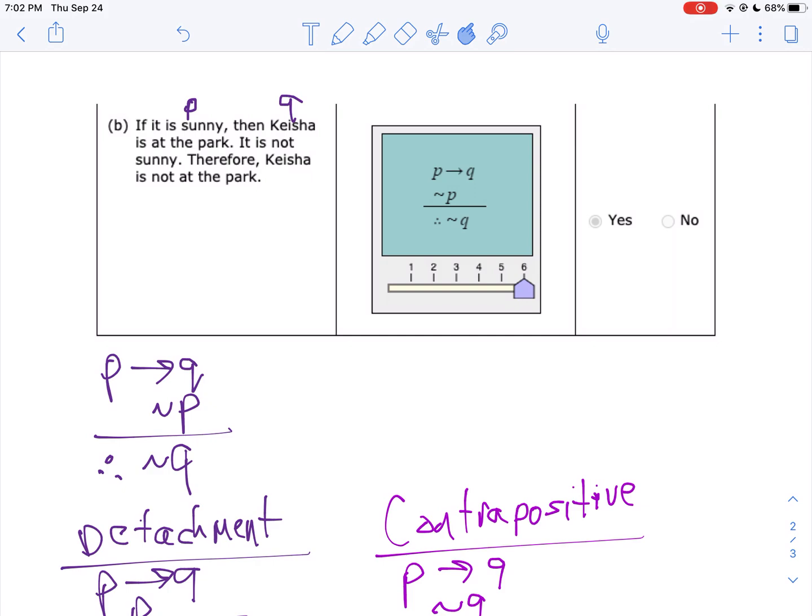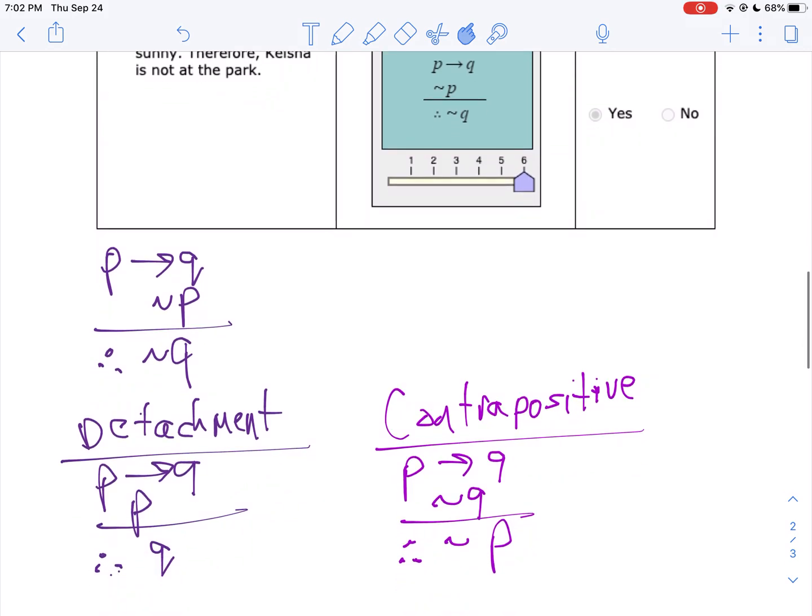The only ones that are going to be yes are the law of detachment, that is, if P happens, therefore Q must happen, or the law of contrapositive that says if Q is false, then P is false. So that's why this one should have been no. That should have been the correct answer. Anything else is incorrect other than the detachment or contrapositive when it comes to the rules of logic.